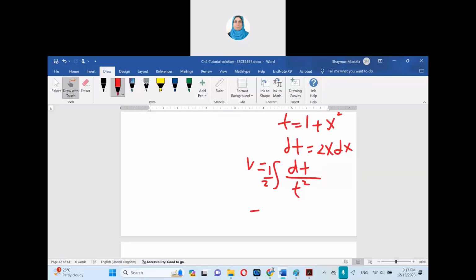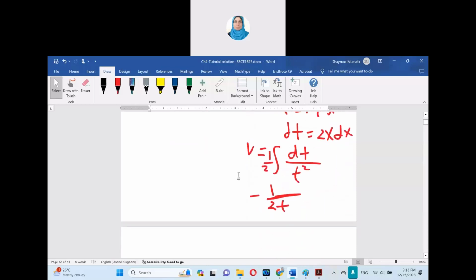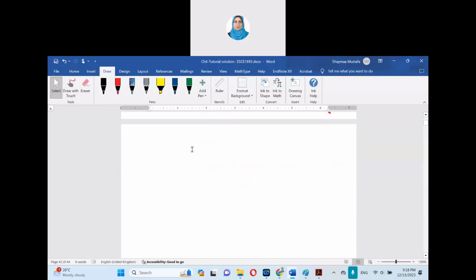So v is minus 1 over 2t, which is minus 1 over 2(1 plus x squared). Now du is dx.